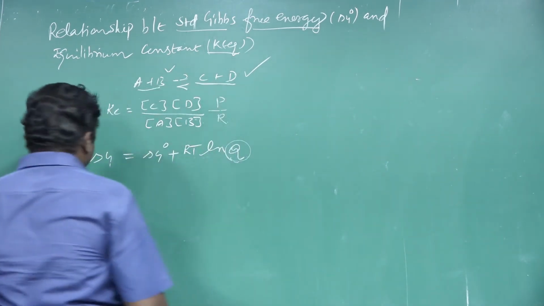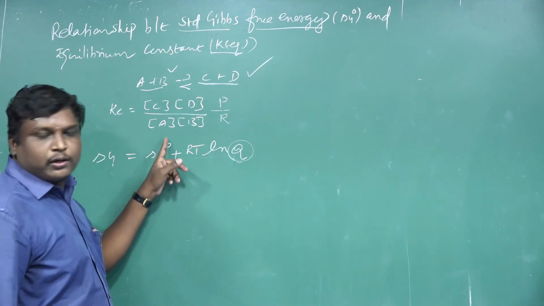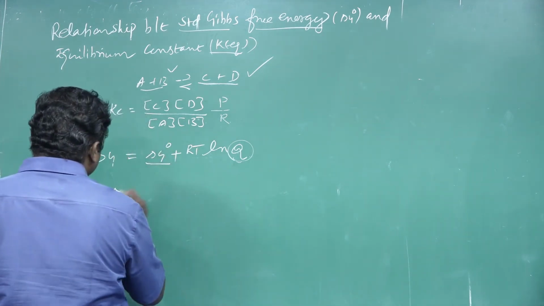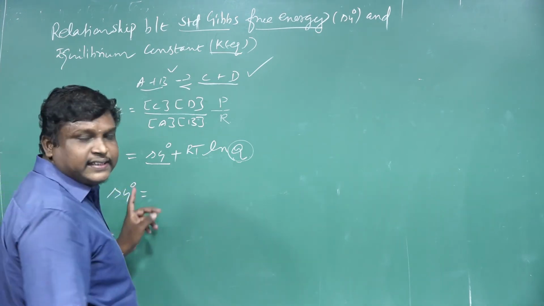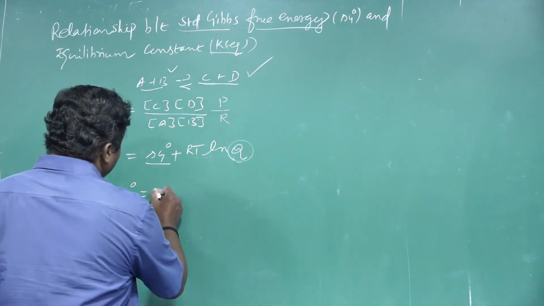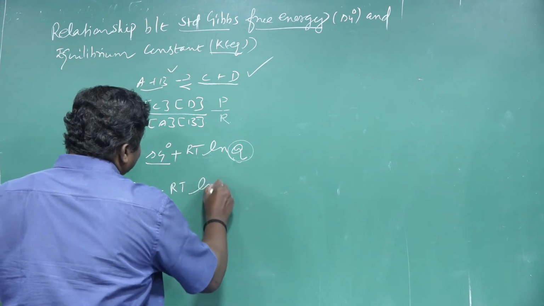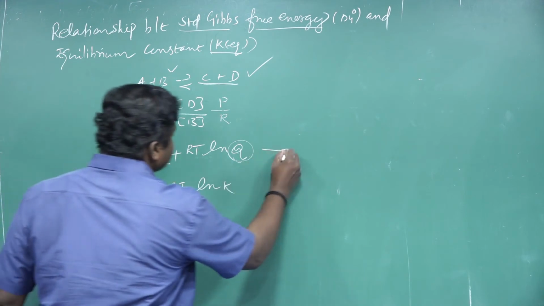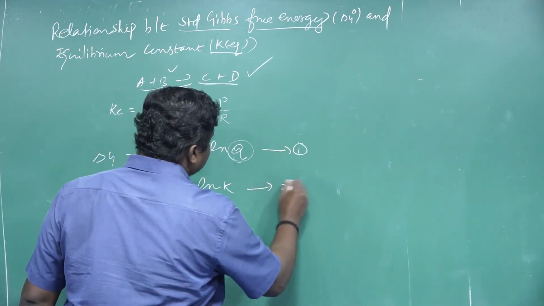So we calculate del G naught, the standard Gibbs free energy. Del G naught is equal to minus RT ln K, the equilibrium constant. This is equation 1, and this is equation 2.